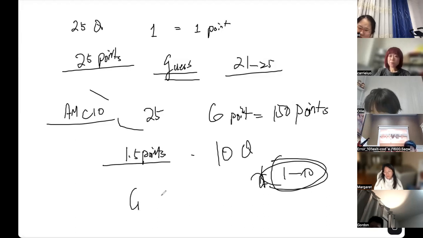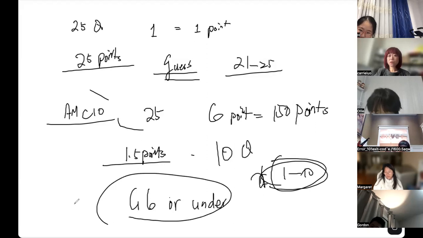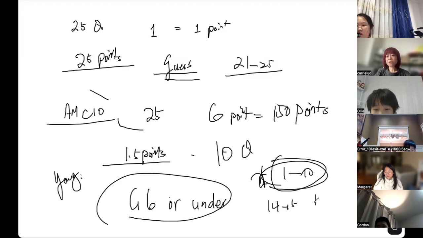I forgot. Okay, so if you're grade 6 or under, you can compete for the young participants award or whatever. I forgot the name of that. So if you can get 14 to 15 questions right, sometimes 16 questions, you can win this certificate.